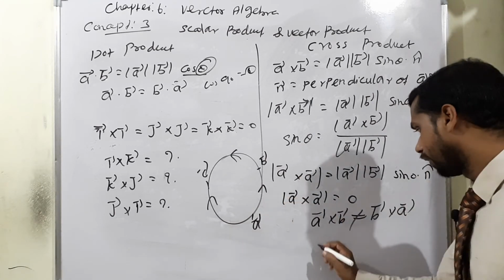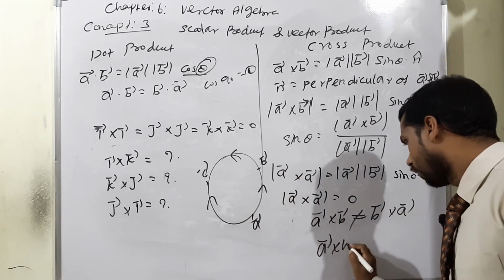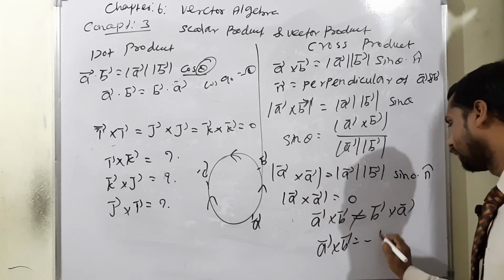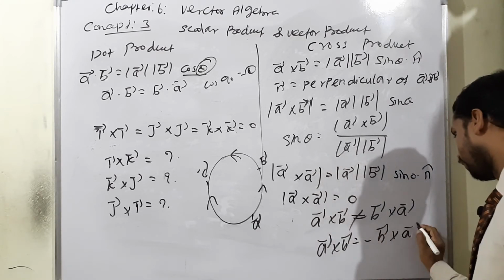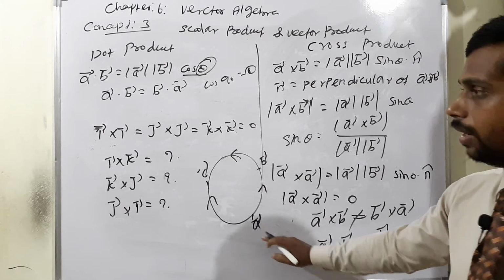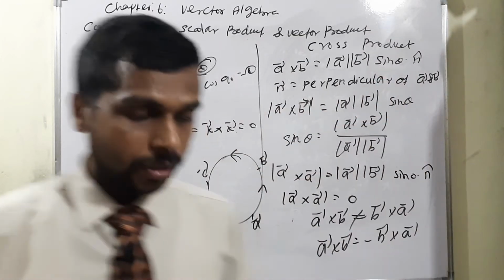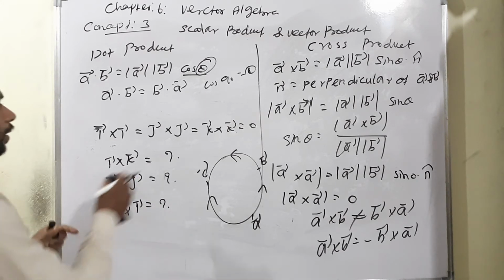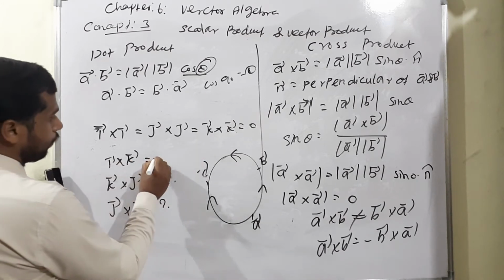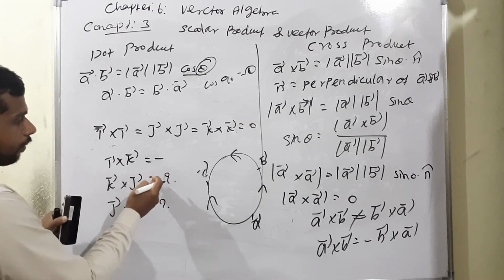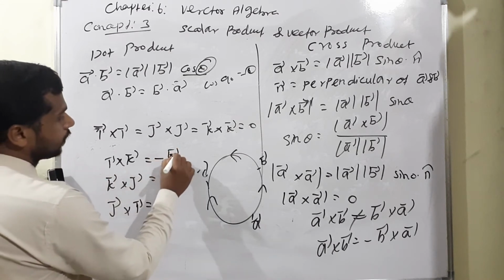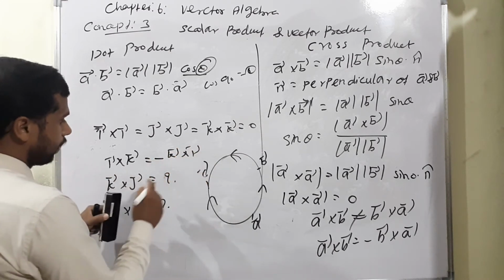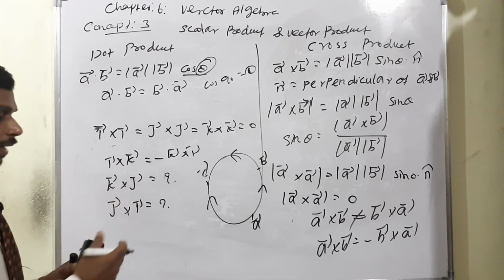Negative direction means we can say a vector cross b vector is equal to minus of b vector cross a vector, because this is a negative direction. That's why I am saying i vector cross k vector is equal to minus of k vector cross i vector, as well as here also negative of k vector cross j vector. That's all.